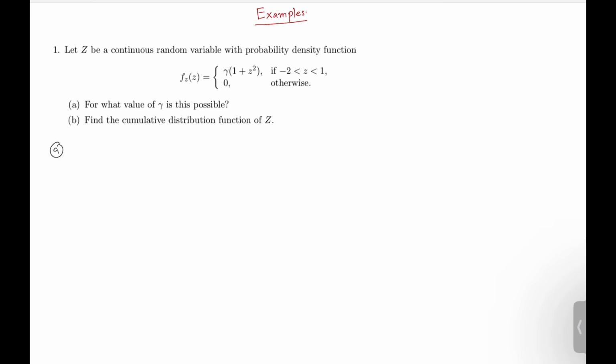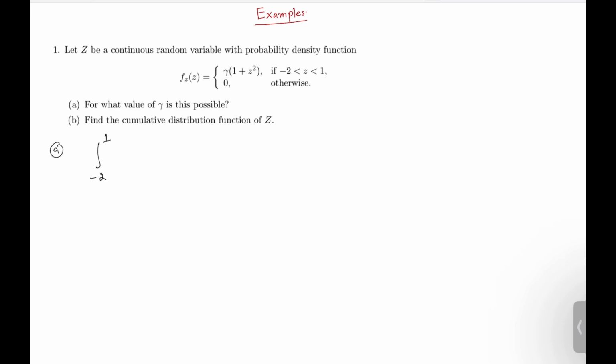So let's do that. Part A. You see the probabilities are 0 outside this interval, so we can just integrate from -2 to 1. Even if we consider from minus infinity to plus infinity, those parts will be 0, so no need to consider that.